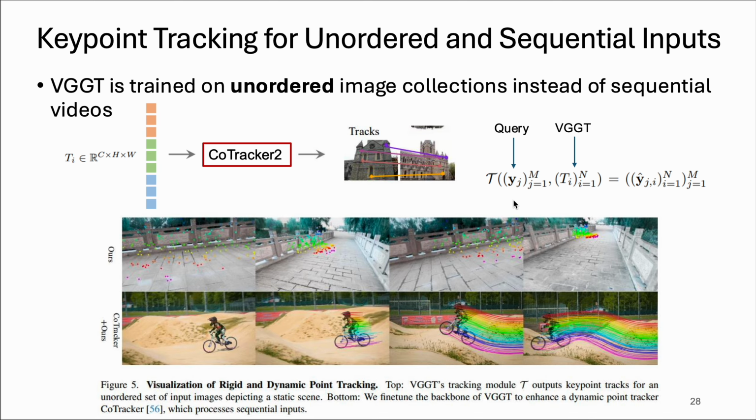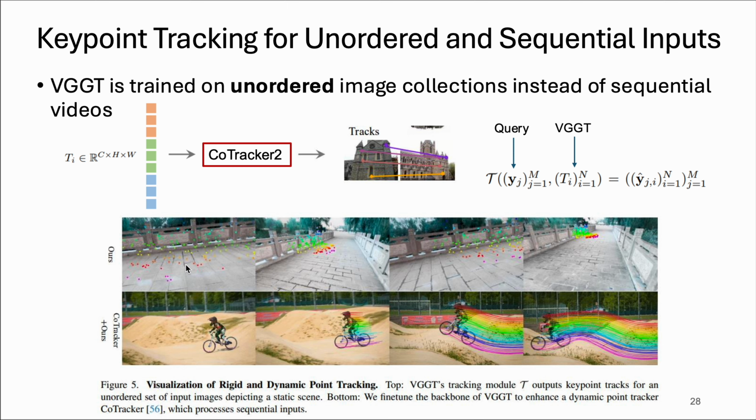Given these two inputs, the CoTracker is a mapping that maps this input to the output, which corresponds to the M query points and their 2D locations in all N images.